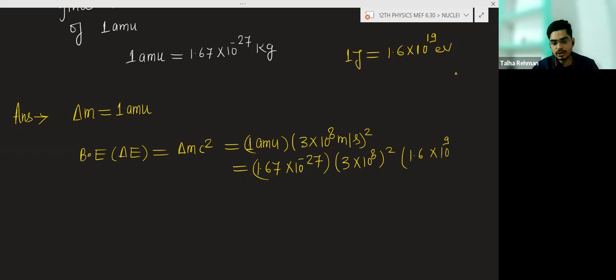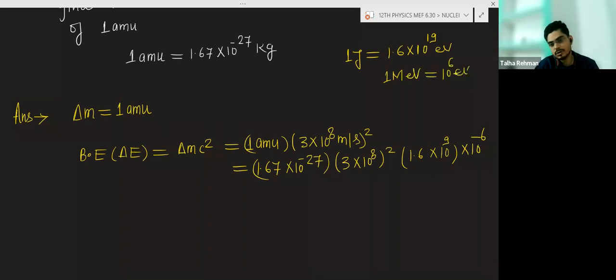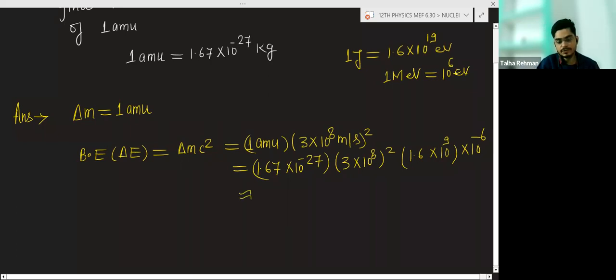And to convert this whole equation into electron volt, to convert the electron volt into mega electron volt, you will multiply it with 10 to the power minus 6. In 1 mega electron volt, there will be 10 to the power 6 electron volt. So after calculating this, the mass defect you will get is 931.5 mega electron volt.